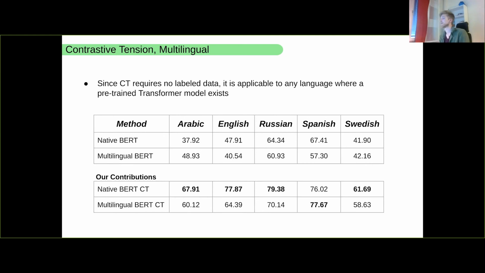We also tried this with a model that has been trained on multiple languages at once, I think it's 100 languages or 1,000 languages. And we do see that CT does improve performance for all of these models in all of these languages, which is indeed pretty neat.